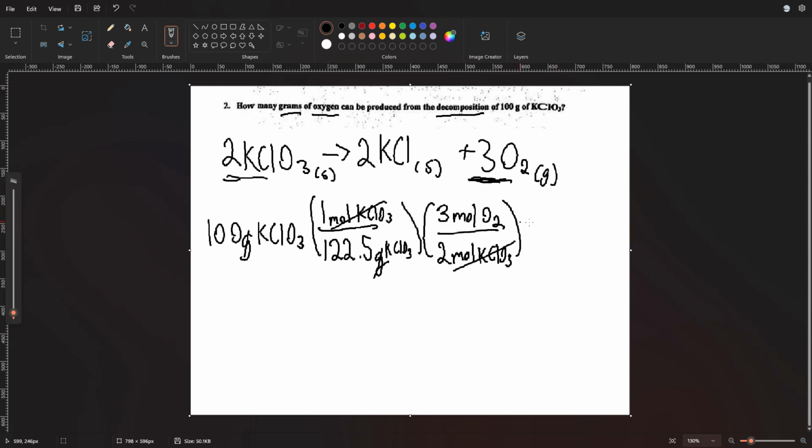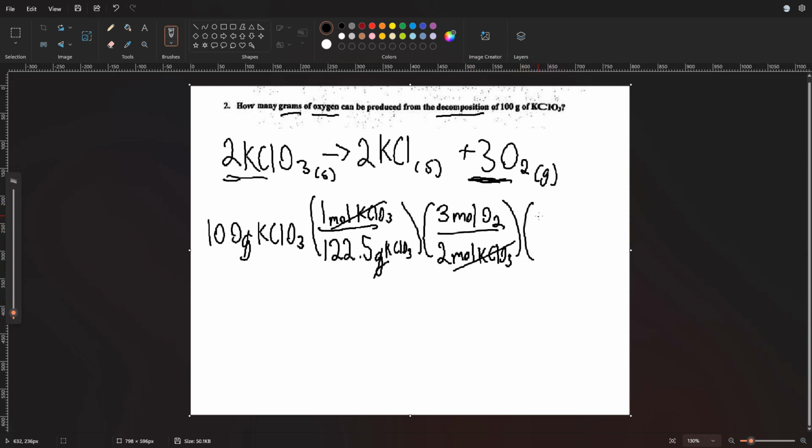So how do we get to the mass? Well, we know that the molar mass of one oxygen atom of oxygen is 16.0 grams per mole. And since we're dealing with diatomic oxygen, that's going to be 32 grams per mole. So let's go back here. So we have that.